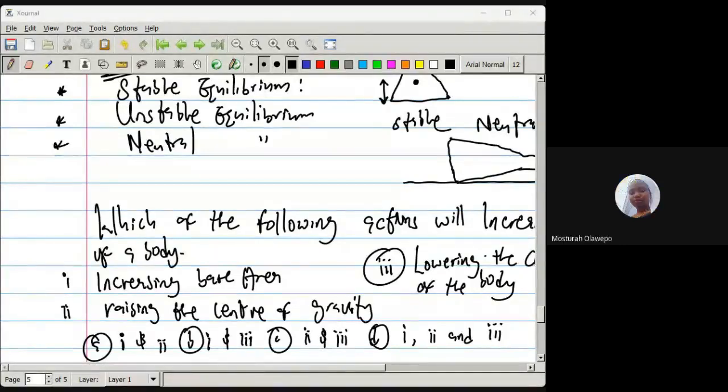Okay, let me wait a little. Let me just wait some seconds. Yeah, Favor, you are raising your hand. Let's hear from you. What's the correct answer? Which of the following will increase the stability of the body? Is it by increasing the base area, by lowering the center of gravity, or by raising the center of gravity?